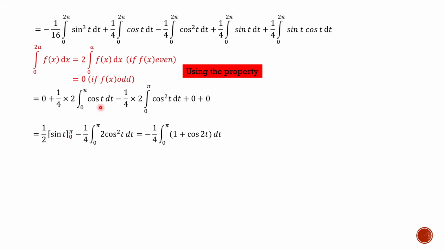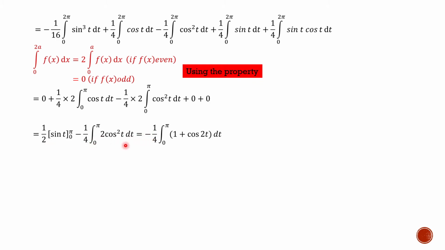We integrate cos t to get sin t. Then we input the limits π and 0. Then we have minus 1/4 times the integral from 0 to π of 2 cos squared t dt. The first part equals 0.